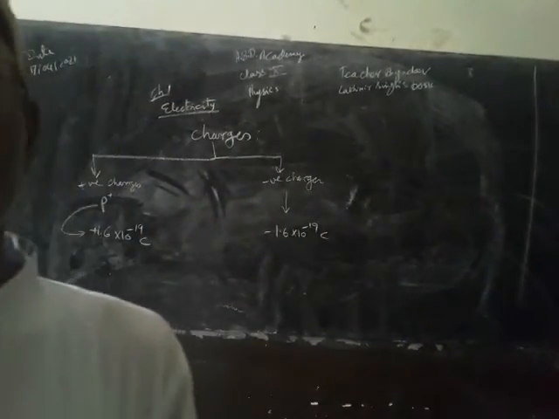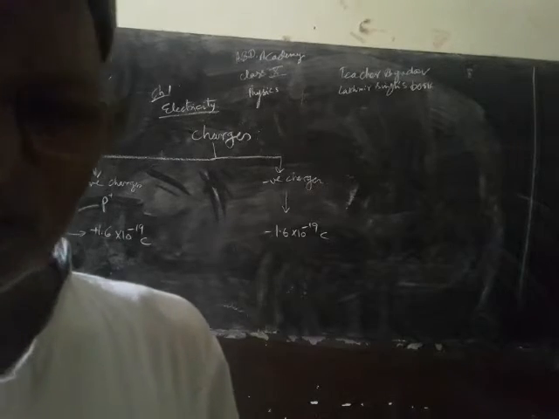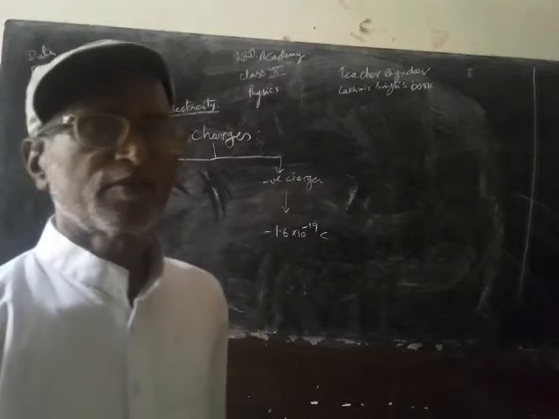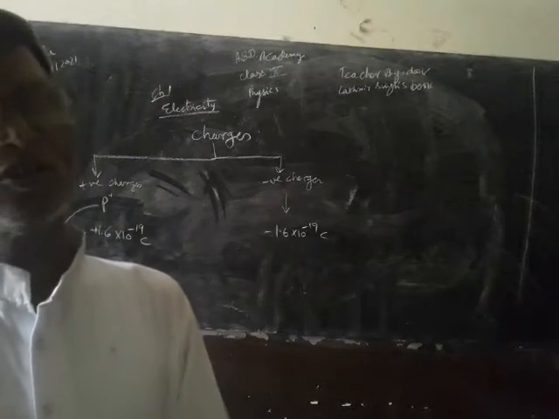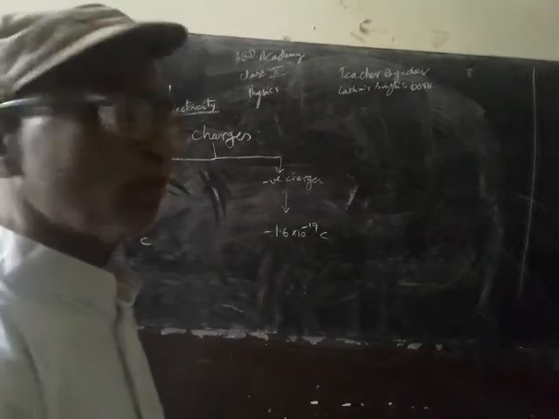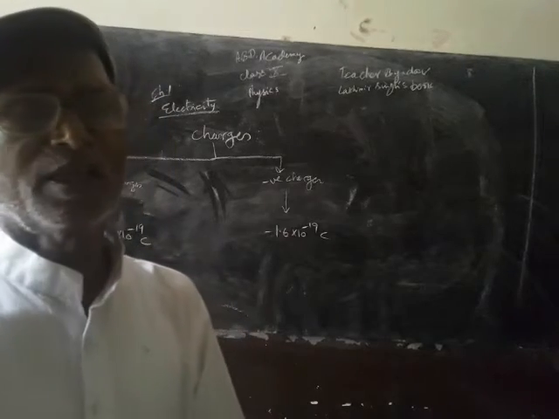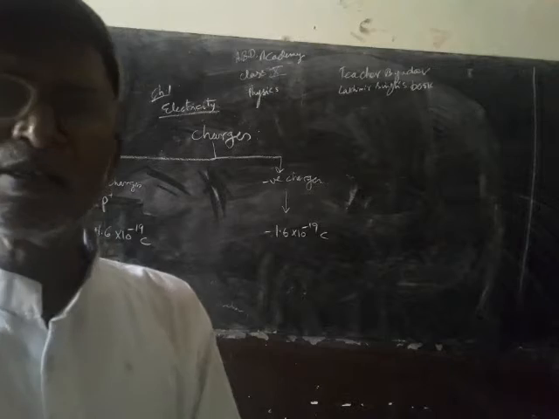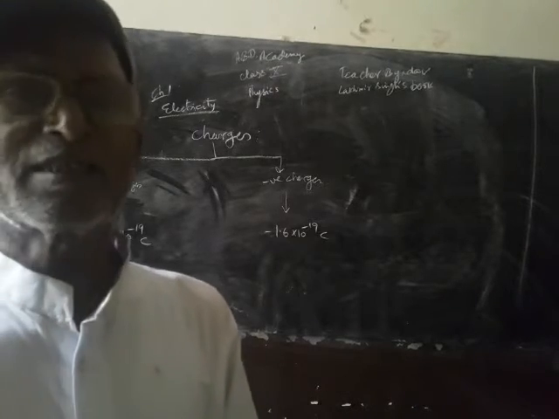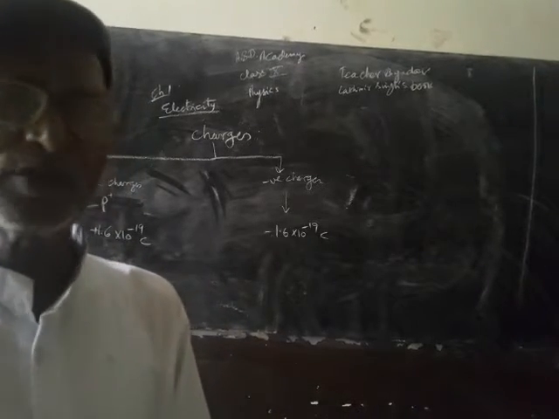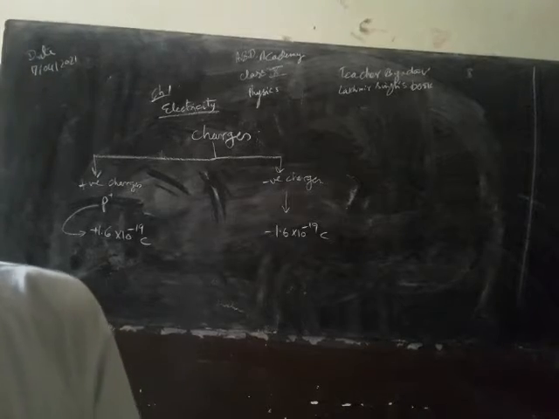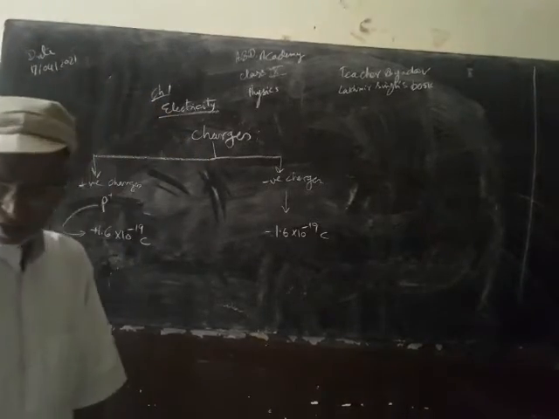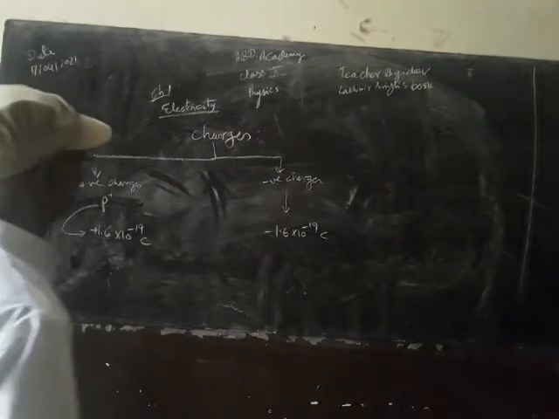But if electrons are transferred from one body to the other, the body from which electrons are transferred becomes positively charged, and the body getting those electrons becomes negatively charged. This is the rule. So there are two types of charges, and unit of charge is coulomb.